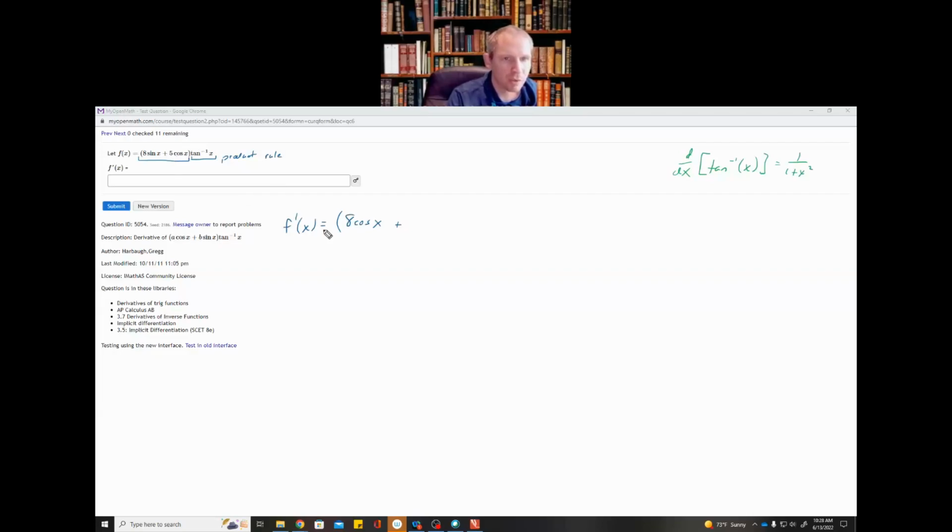The derivative of 5 cosine x is 5 times negative sine x times tangent inverse x left alone, plus this first piece left alone, 8 sine x plus 5 cosine x, times the derivative of tangent inverse x, which is 1 over 1 plus x squared.